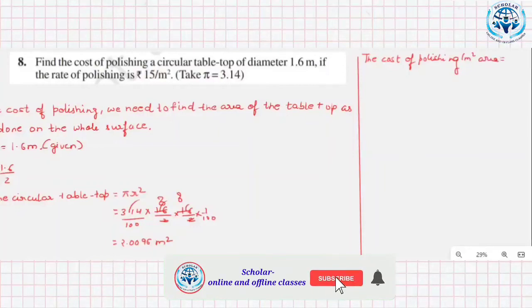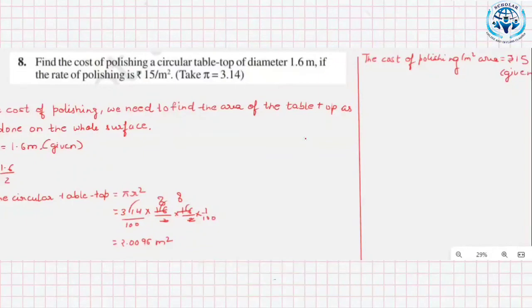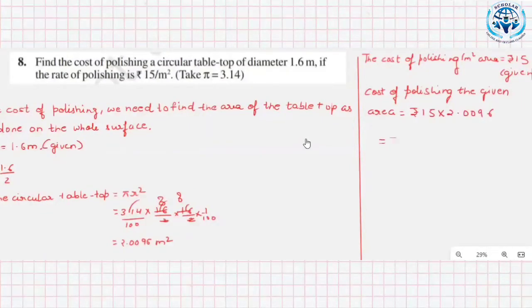The cost of polishing is rupees 15 per meter square. Fifteen into 2.0096 is equal to rupees 30.144.